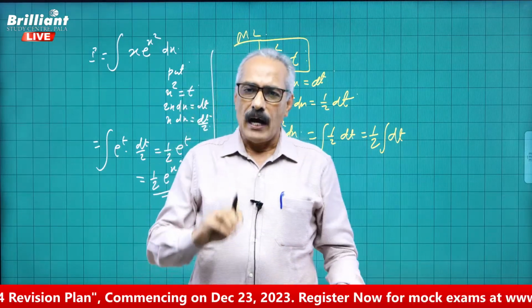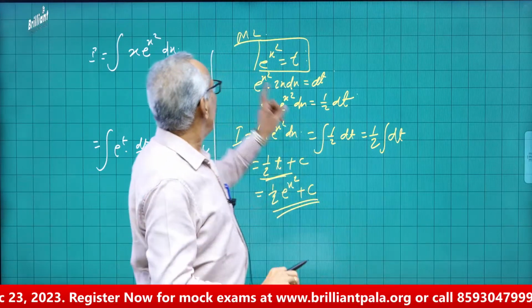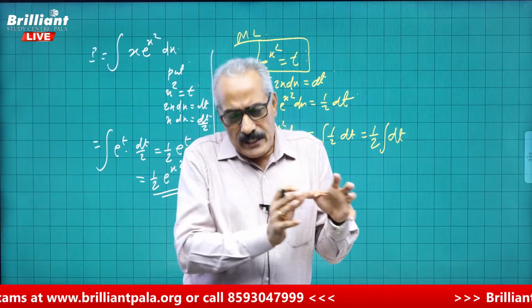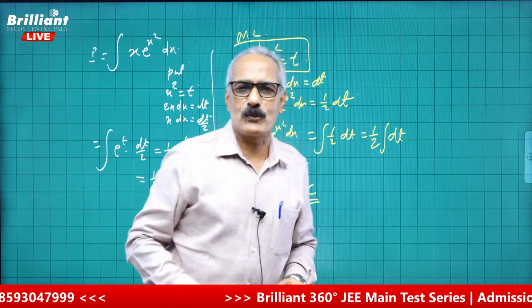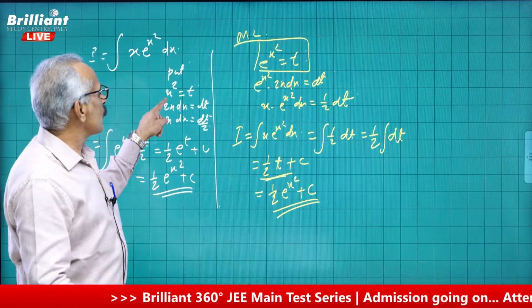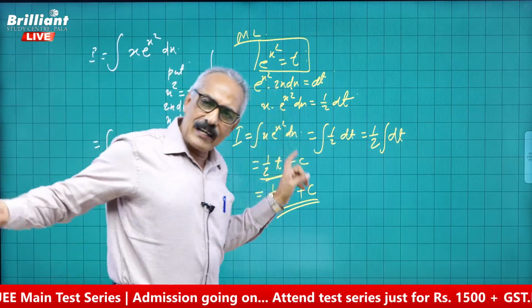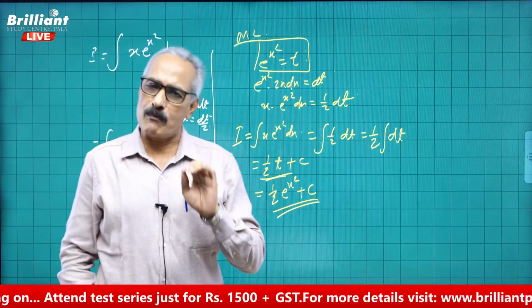That means after the substitution and differentiation, most of the functions in the integrand are replaced by dt. Here x dx is only replaced by dt. Here the entire integrand is replaced by dt. So this is called an effective substitution.